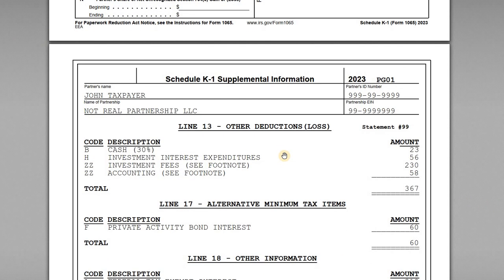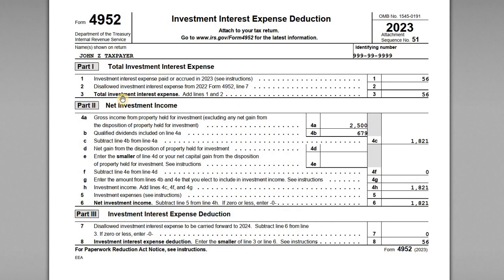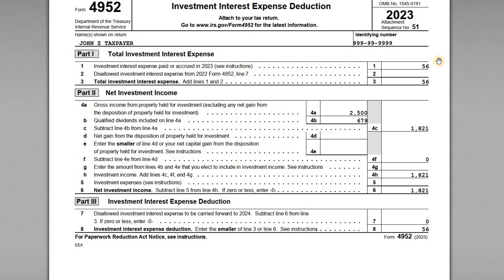All right, and then the other items in box 13, we've got investment interest expense of $56. So 13 code H, investment interest expense. If we have a look at the 1040, that would first be reported on the 4952. So we've got 4952 here, investment interest expense deduction. We've got the investment interest expense reported up here on line 1. And so that's going to be the total amount allowed per Part 3 because we have enough net investment income.